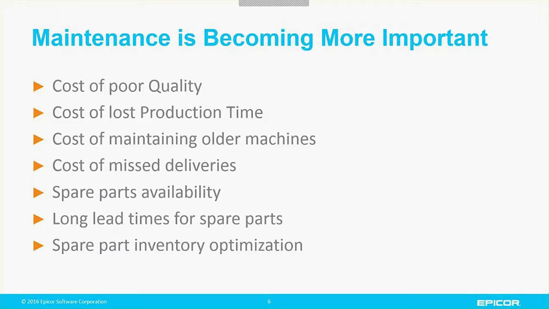There's always a constant push for lower raw materials, lower component inventories, but spare part inventories are just as much of a drain on cash flow as any sort of materials. So it's always a balance point.